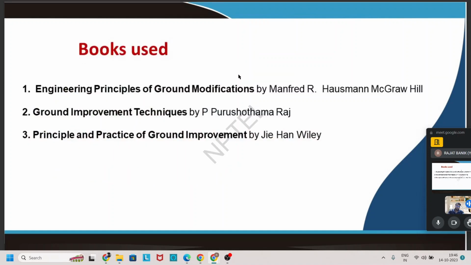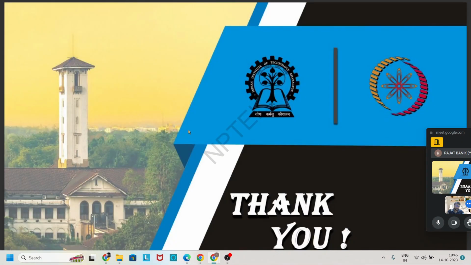And these are the books we use in our ground improvement course. Most commonly used here is Principles and Practice of Ground Improvement by Jie Han. These are the most popular books we use in our lectures. So up to this, our lectures are completed.